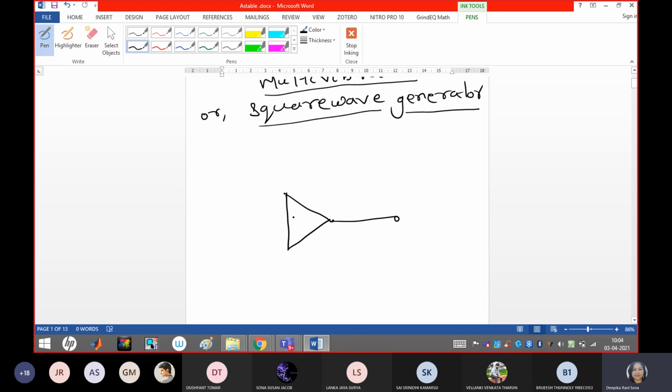Hereafter, if I say we are going to learn about a waveform generator, we have to take the help of the Schmitt trigger circuit only. Now you can tell me which part belongs to the Schmitt trigger. Suppose this is R2 and this is R1. If I interchange the names, it doesn't matter.